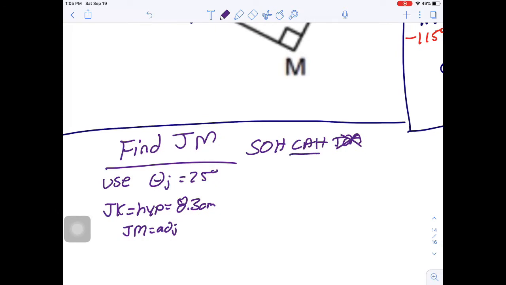We're going to use the cos because it relates the adjacent to the hypotenuse. In this case, we're trying to find adjacent and we have the hypotenuse. So cos relates these two things by doing cos angle equaling adjacent over hypotenuse.